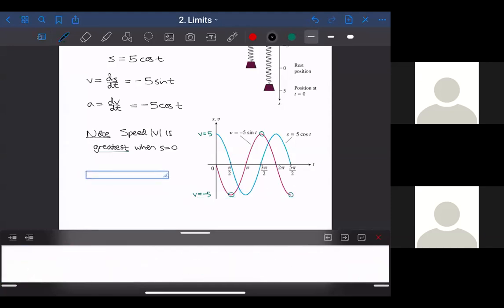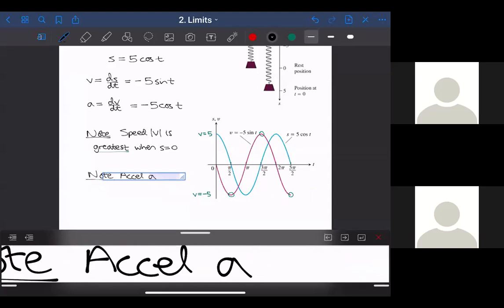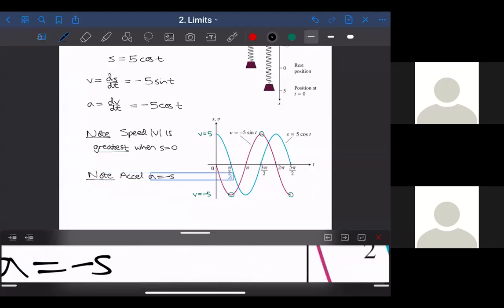So another thing we can note is that the acceleration A is -S.